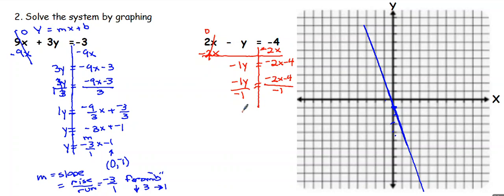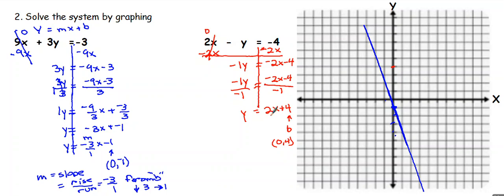So this just becomes y, equal to 2x plus 4.